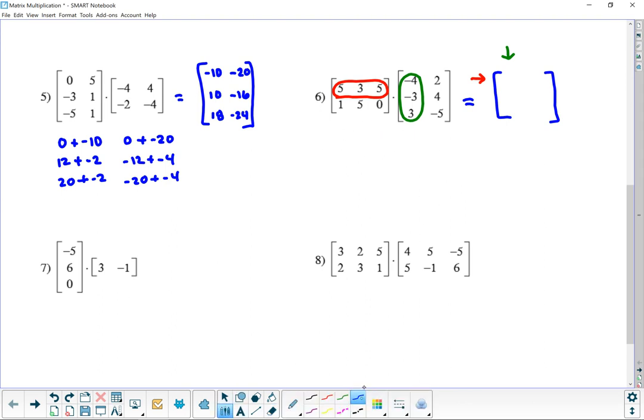So I got 5 times -4, -20, and we're doing three multiplication problems. Because remember, the inside dimension tells you how many multiplications you are doing. So 5 times -4, 3 times -3, and 5 times 3. You're going to add those together. Let's see. -20 and 15 is -5. -5, and then plus 9 is -14.